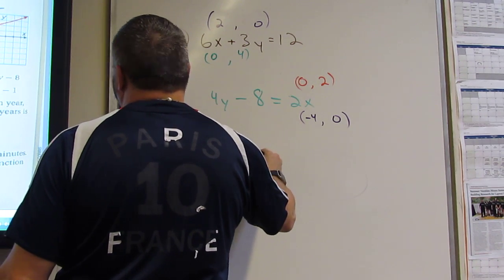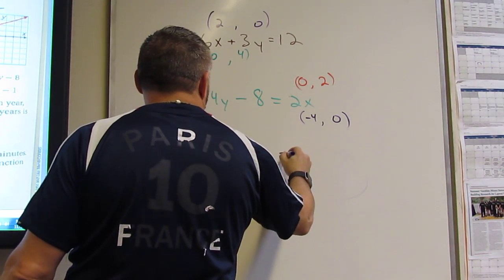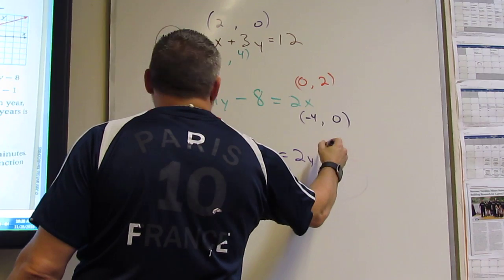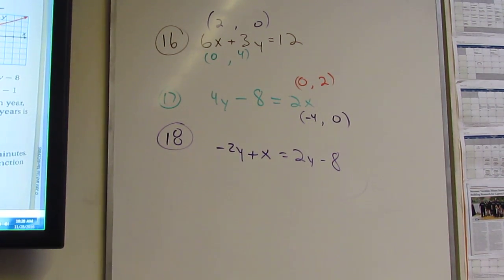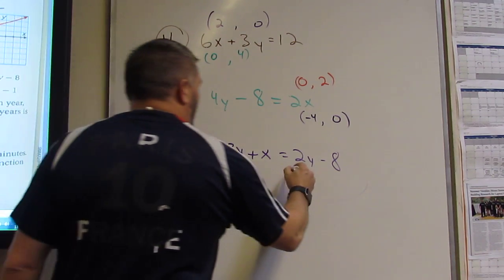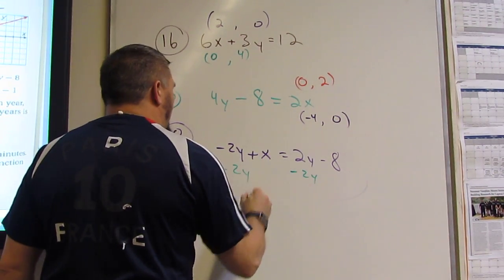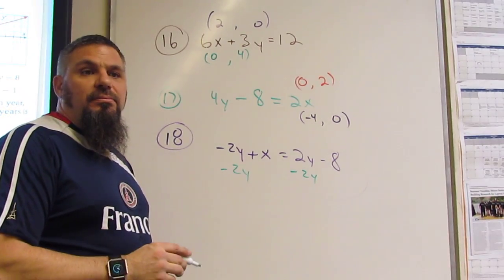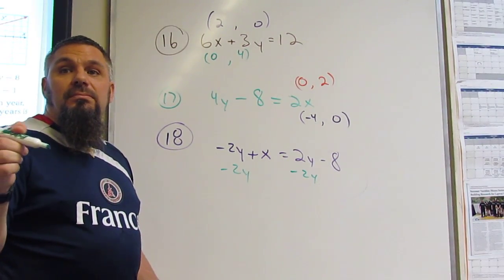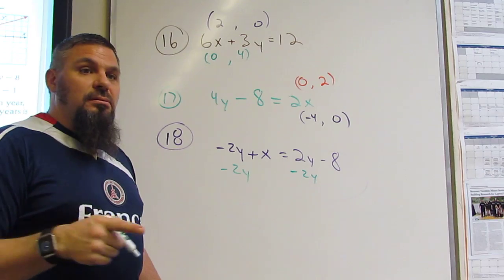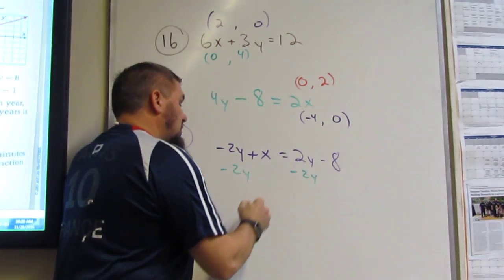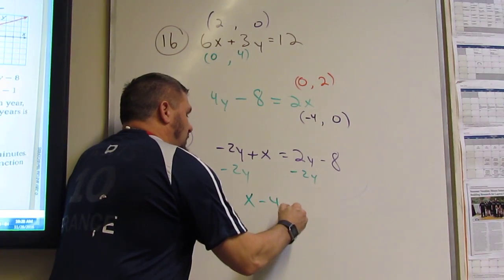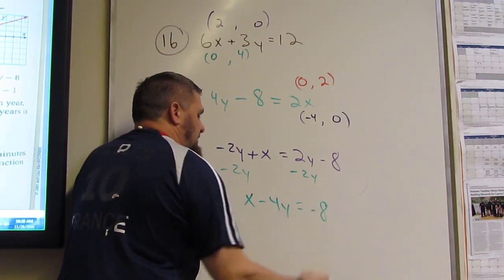Number 18. -2y plus x equals 2y minus 8. Now what I'm going to do is bring the y's over. Minus 2y, minus 2y. What do I get? I get x minus 4y equals negative 8.